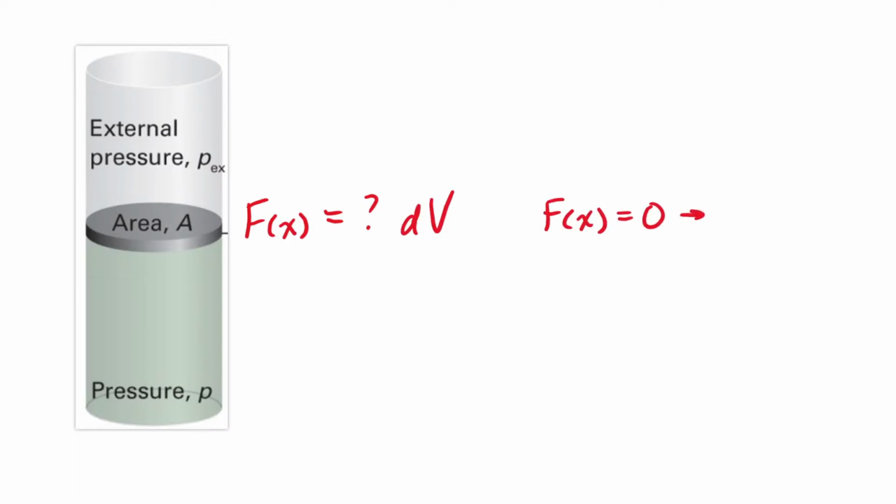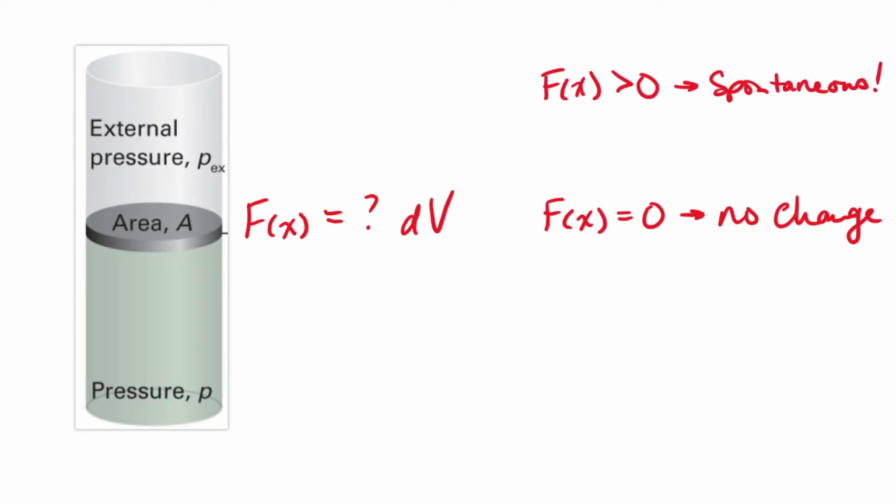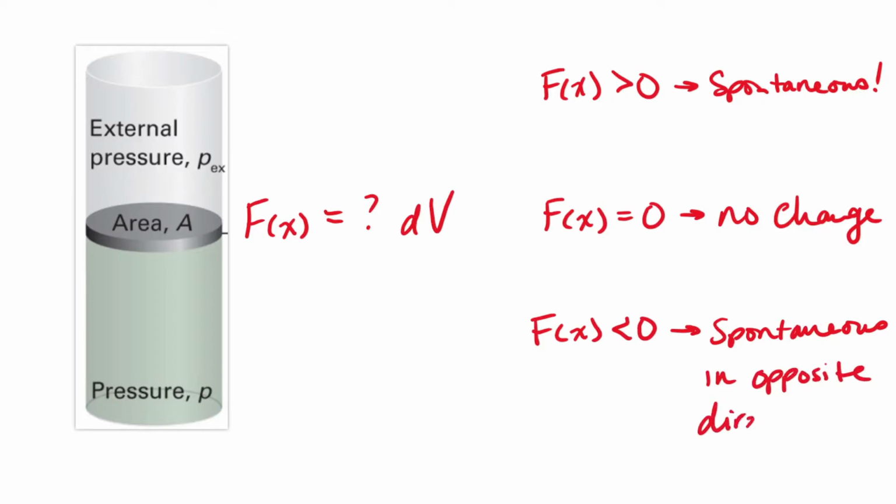That's the balancing case, where there's no spontaneous movement in either direction, and that's where we might look for a function that balances at that point, a function that tells us which way the piston would move spontaneously. For example, if it's greater than 0, then movement is spontaneous, and less than 0, the movement is spontaneous in the opposite direction. And at 0 exactly, then both sides are in equilibrium.